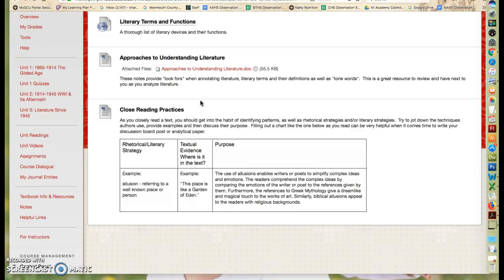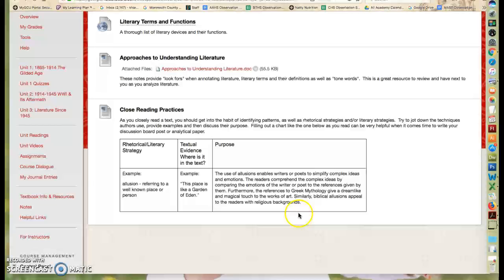I would do that on the left-hand side, write the technique that you notice, and if you need to remember what the technique means, why not write the definition? Then write the quote or the example from the literary piece in the second column. And then in the right-hand column, write down the purpose. Why do you think the author used that rhetorical strategy?